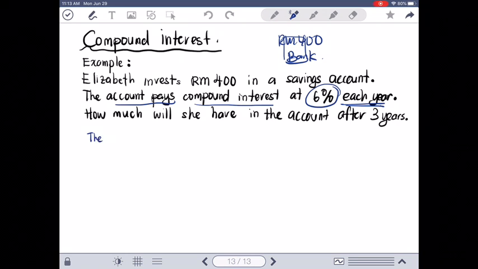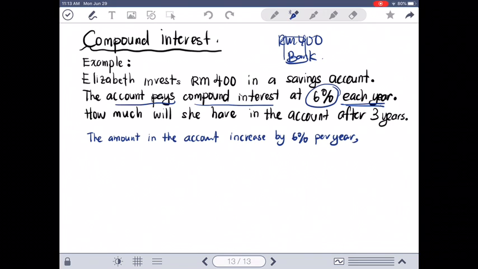So we would say the amount in the account increases by 6% per year. So we can say that the multiplier is 1.06. I think everyone agrees with that, because there is an increment of 6% every year, so the multiplier should be 1.06.